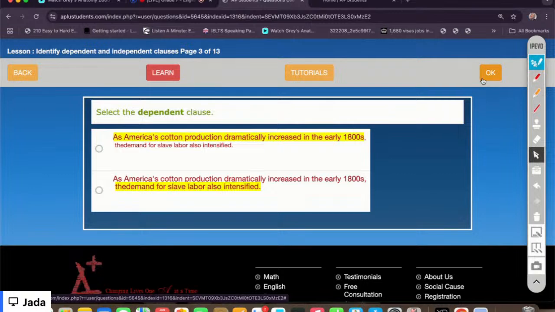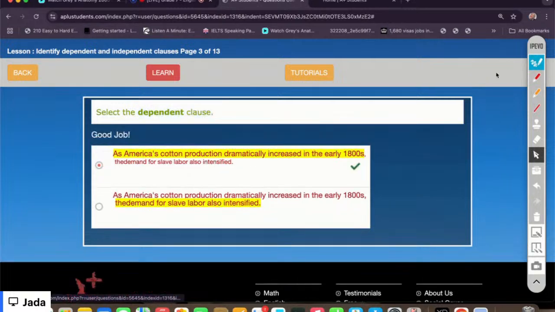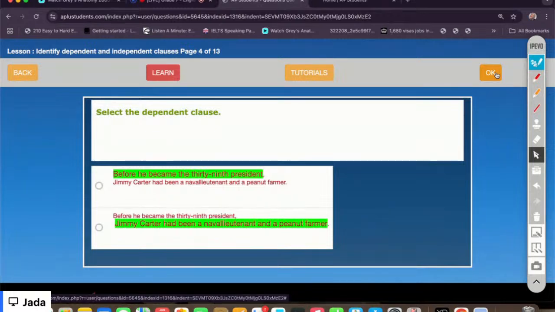Is it from the beginning or from the ending? We have "as" here. As is a subordinating conjunction. So even though it's starting the sentence, it is a dependent clause. Okay.